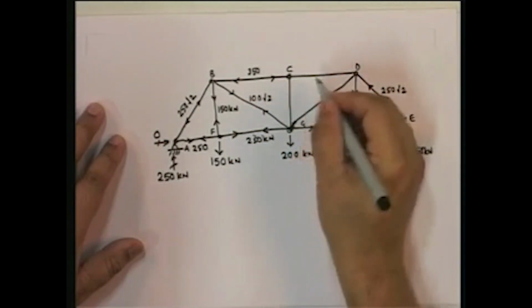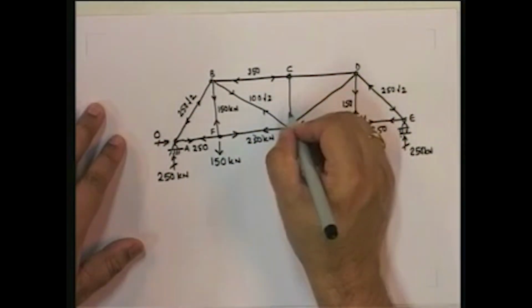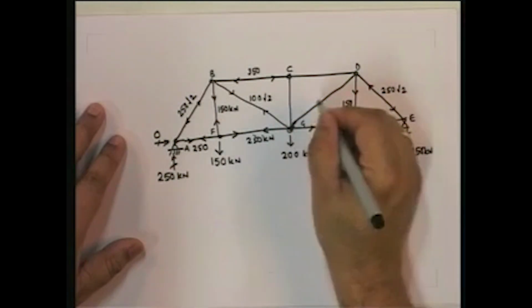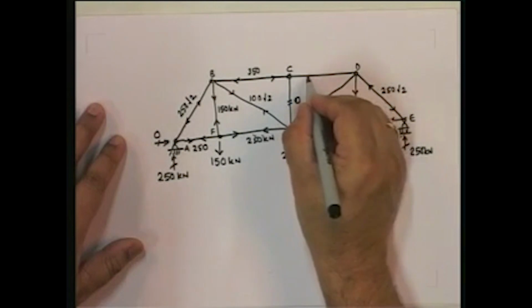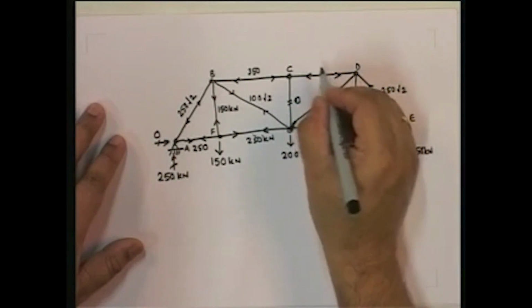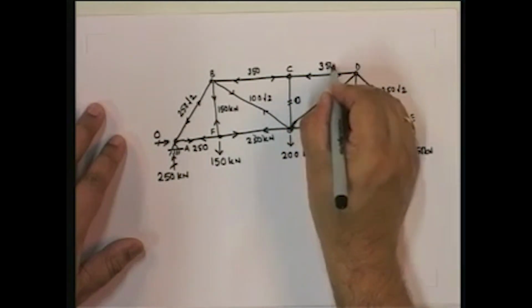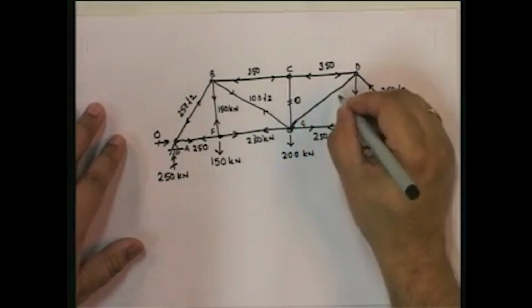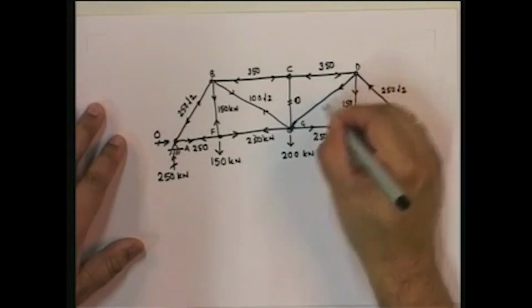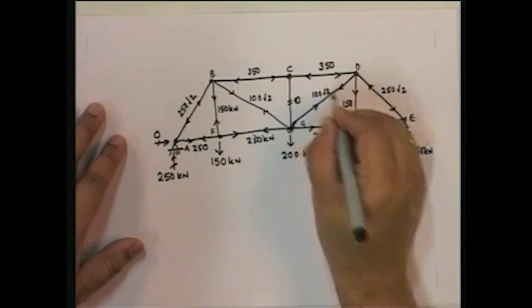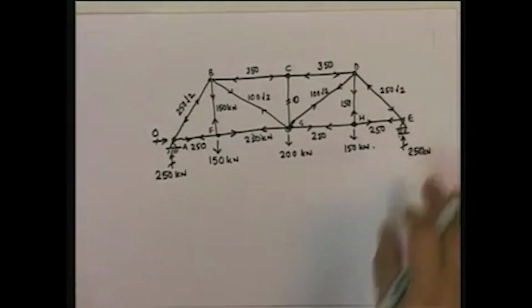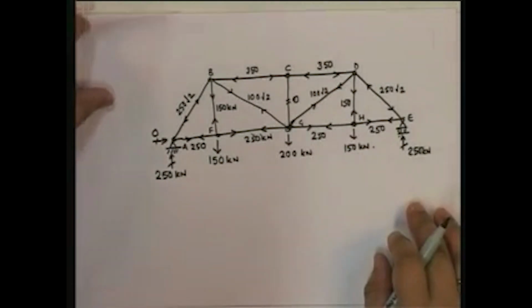If you take moments at this particular point, this member turns out to be a zero force member. This one is 350, and similarly, this is 100 root 2. So I've got all the forces in all the members.